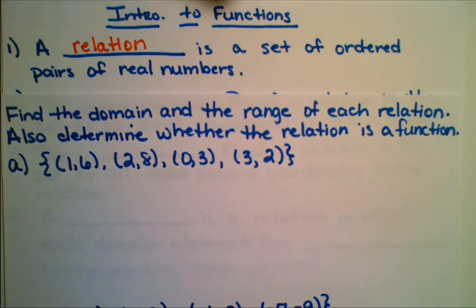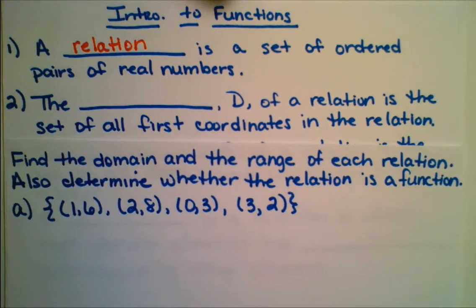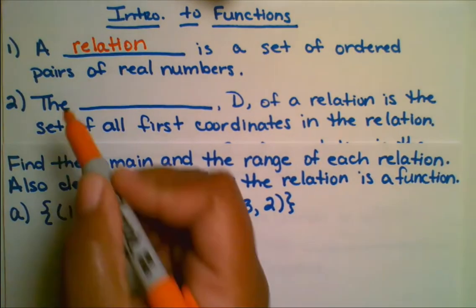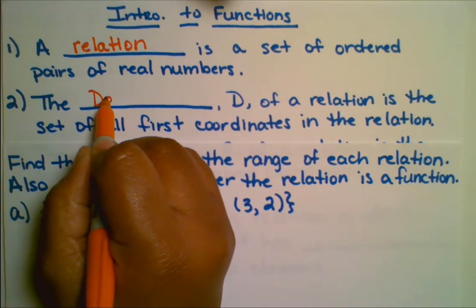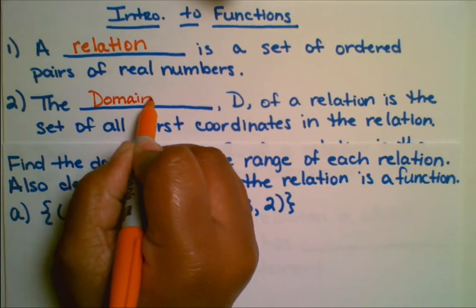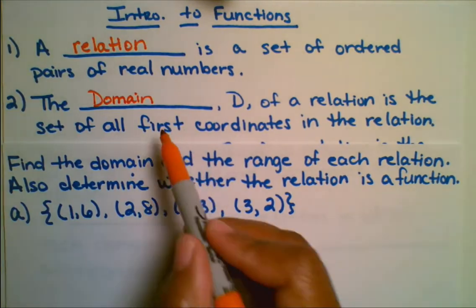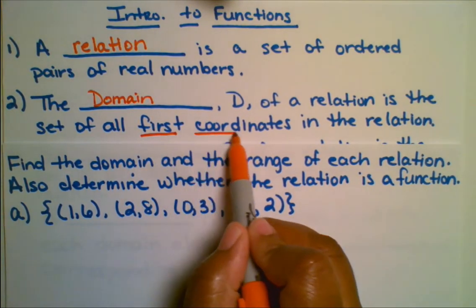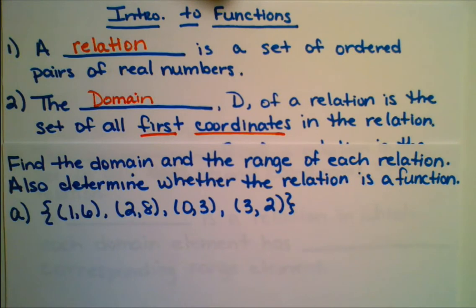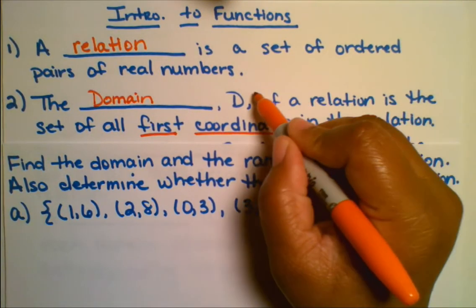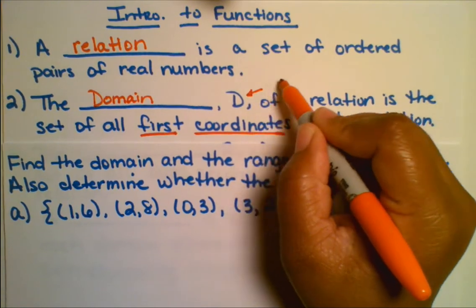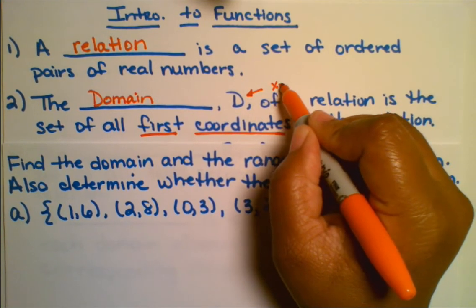So within a relation, you have what's called a domain and range. The domain, we say D, of a relation is the set of all first coordinates in the relation. So when we're saying all of the first coordinates, we're talking about, for the domain, all of the x coordinates.